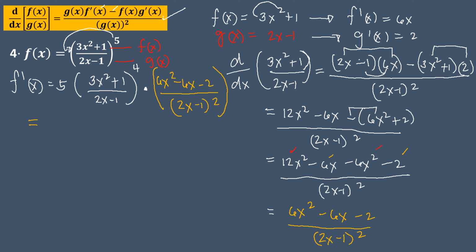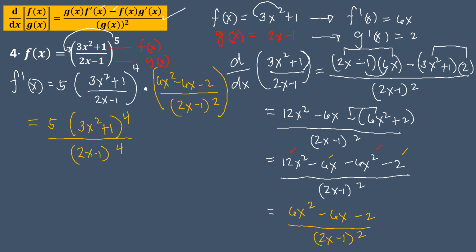And so far, we can now simplify this further by writing (3x^2 + 1)/(2x - 1) quantity to the power of 4 in this manner: (3x^2 + 1)^4 all over (2x - 1)^4.